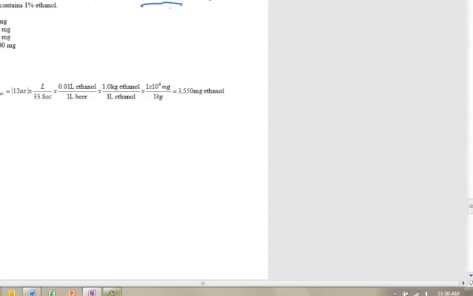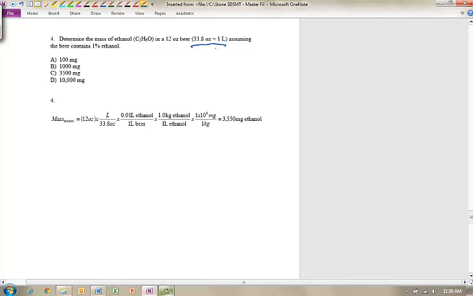All right, determine the mass of ethanol, C2H6O, in a 12 ounce beer, assuming the beer contains 1% ethanol. Some more units, pretty simple.